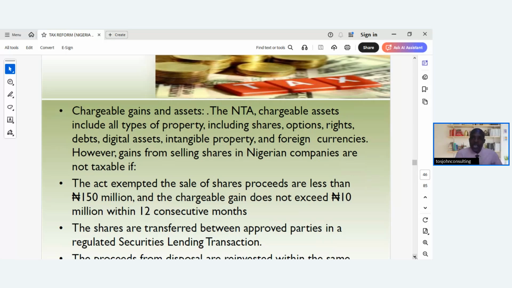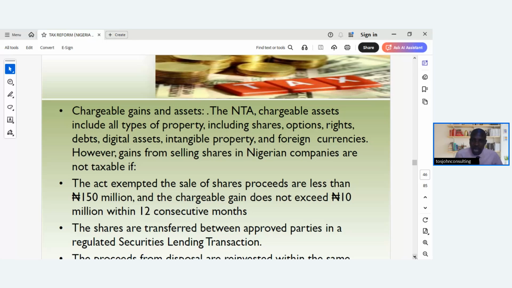Then chargeable gains and assets. The NTA chargeable assets include all types of property, including shares, options, rights, debts, digital assets, intangible property, and foreign currencies. So these are chargeable gains that will be subject to capital gain tax. 30% for companies and then for individual based on the personal income graduated tax rates.